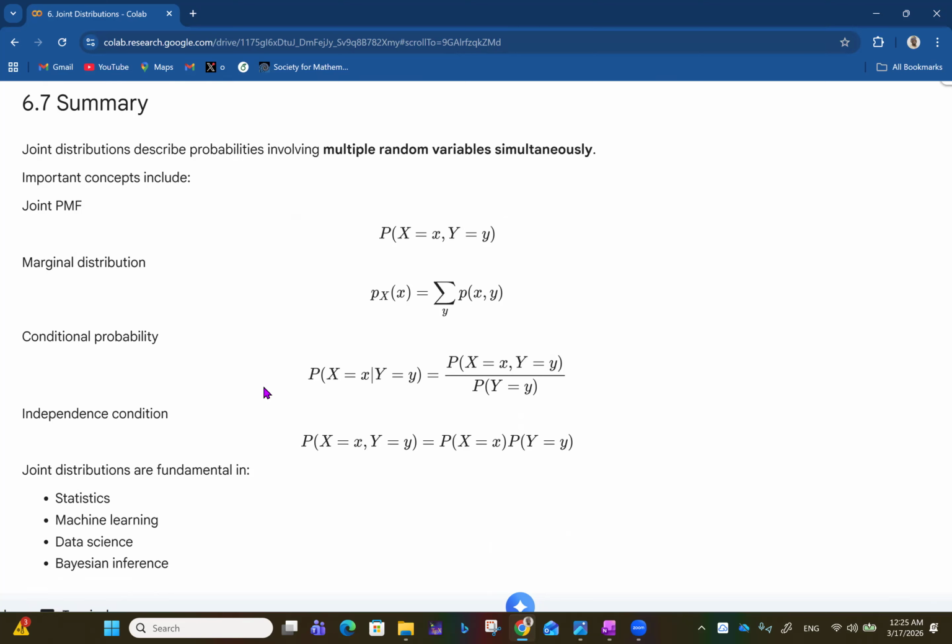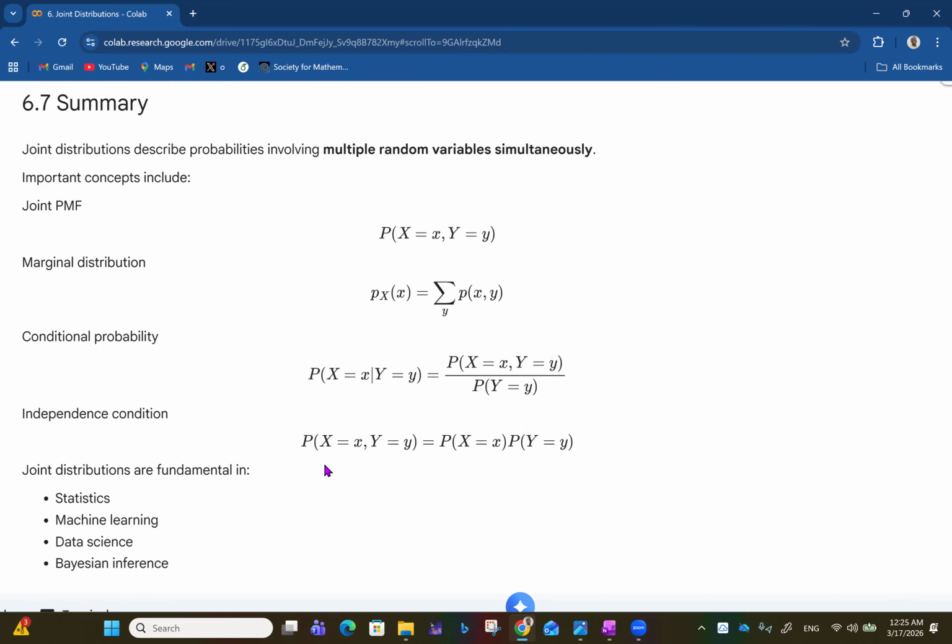And we have conditional probability, which tells us that the probability that X equals x, given that Y is equal to y, is the joint probability that X is x and Y is y, all over the probability that Y is y. That's the marginal probability in that case.